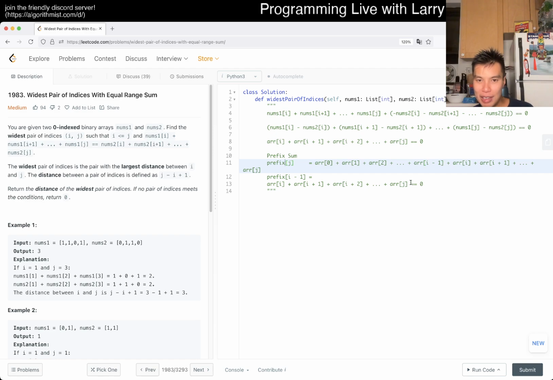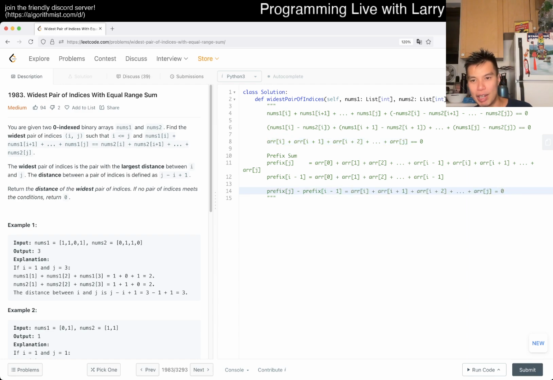So then prefix of j minus prefix sub i minus 1 is equal to this thing, which is equal to 0, and that is what we're trying to solve for.